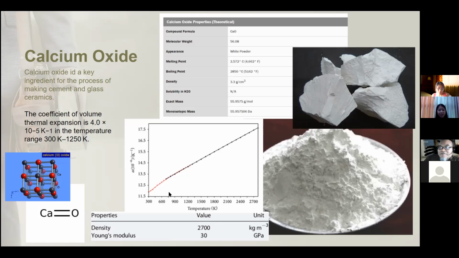Can I search the internet? Yes, of course. You can see the slide that I presented in the previous hour.